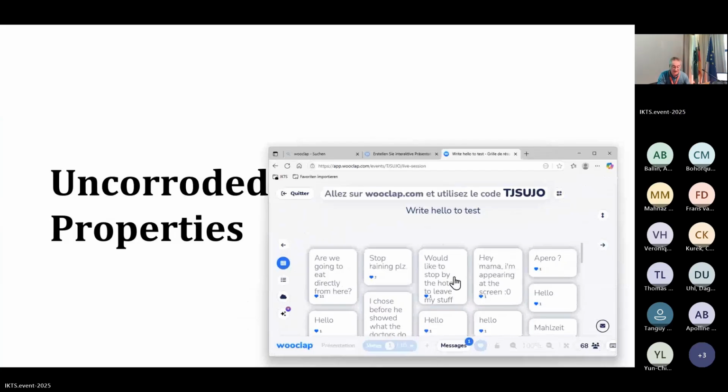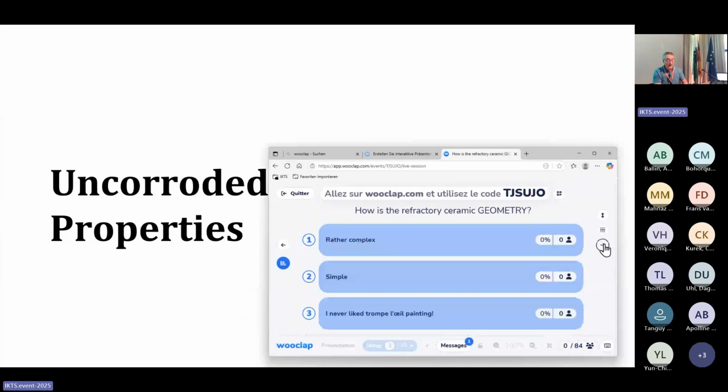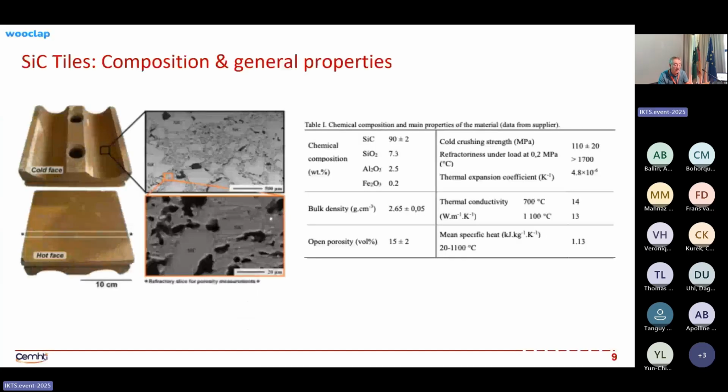Okay, so next step. Let's look at the general properties and the composition of this tile.